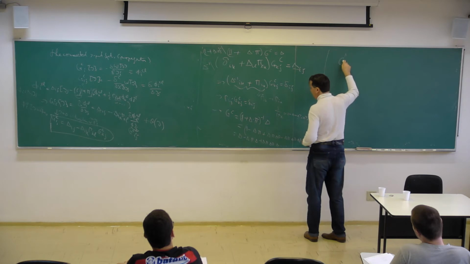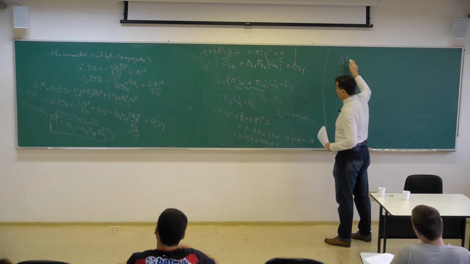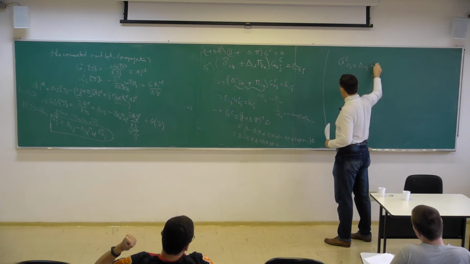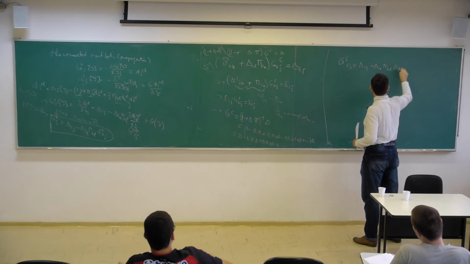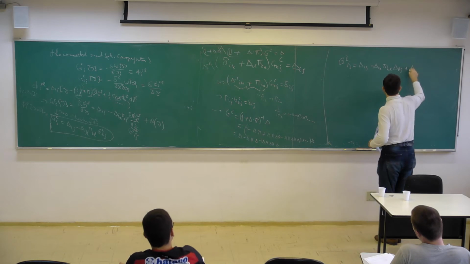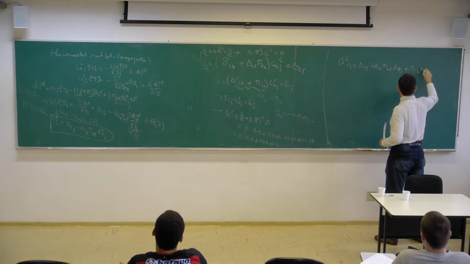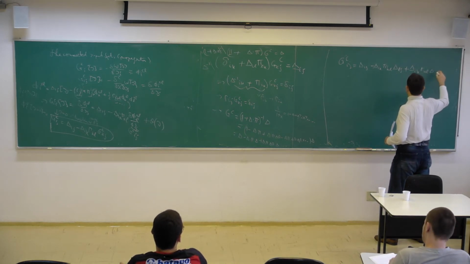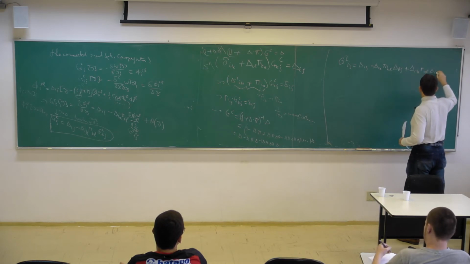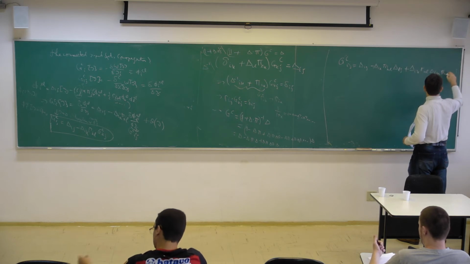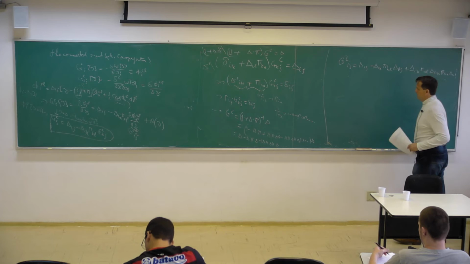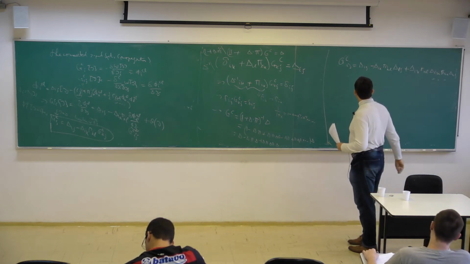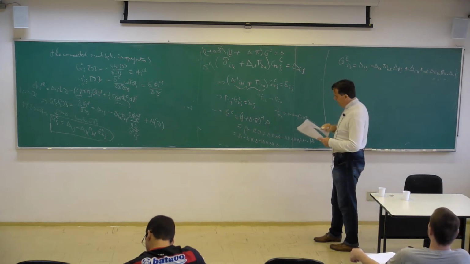So let's say G_C,ij is delta_ij minus delta_ik pi_kl delta_lj plus delta_ik pi_kl delta_lm pi_mn delta_nj, and so on.